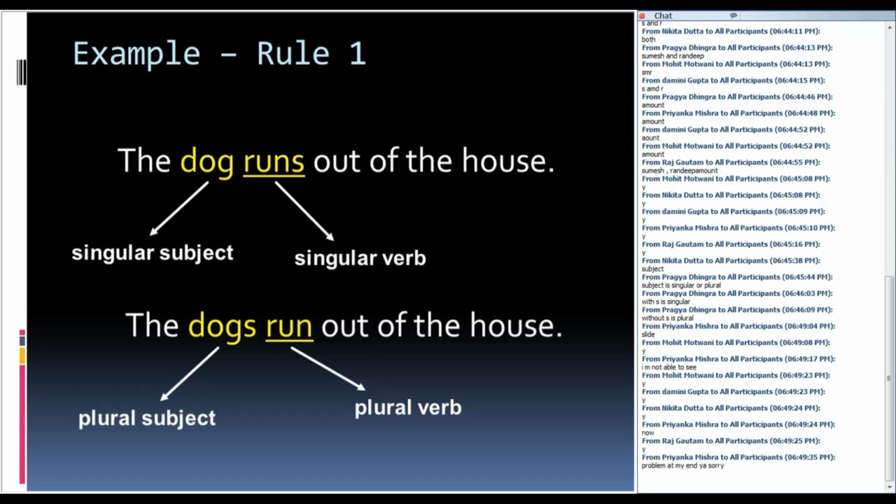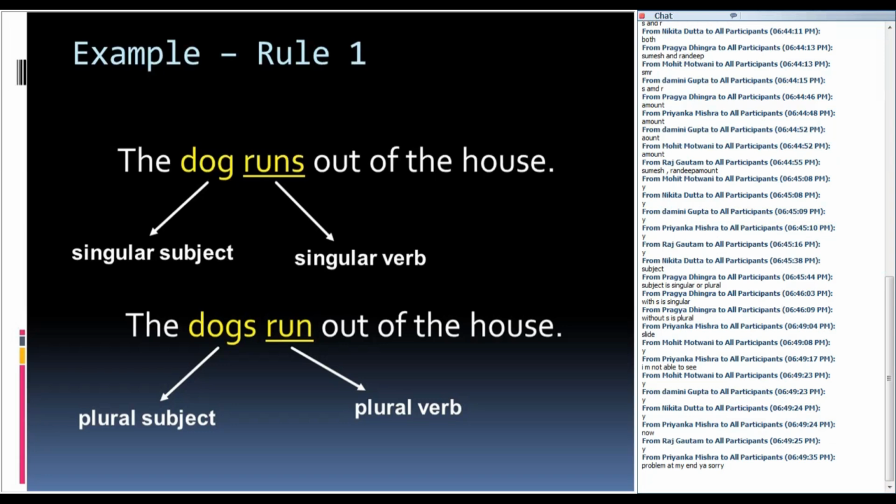Now, even though this is the most basic rule, the problem with subject-verb agreement is that there are lots of exceptions, and we are expected to remember all those exceptions. This is the most basic rule, and it is applicable almost everywhere. But then there is an exception. What is the exception?